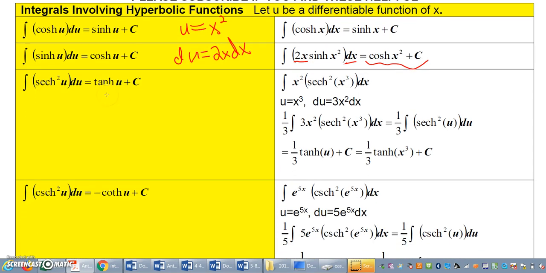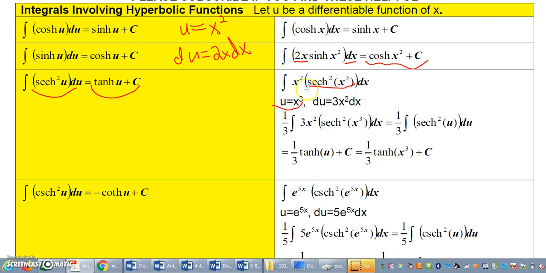On the next couple, I'll go ahead and use the u substitution with more emphasis. In this one, if we integrate hyperbolic secant squared of u du, we get hyperbolic tangent of u plus a constant. Here in this integral I have hyperbolic secant squared of x cubed. So I could let u be x cubed, so that would be the hyperbolic secant squared of u.